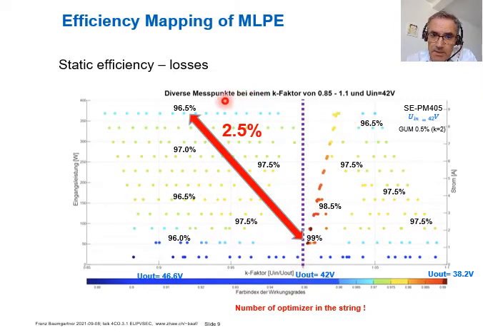In the other case, you can have 2% less efficiency at high power values of the DC-DC optimizers. And the manufacturers, again, didn't show us these data, and therefore we think we have to try to get more information, also to test and measure these optimizers at other labs as well.